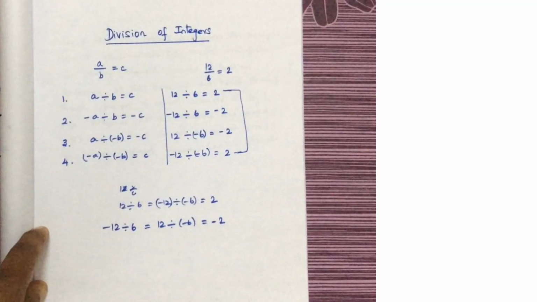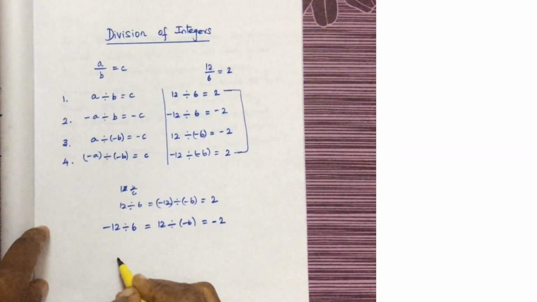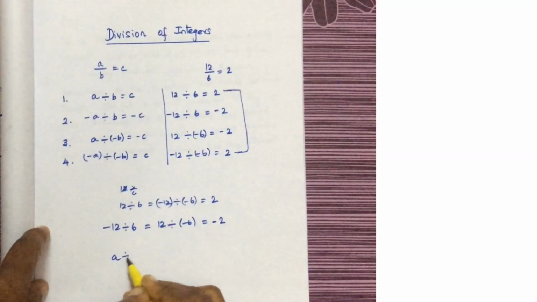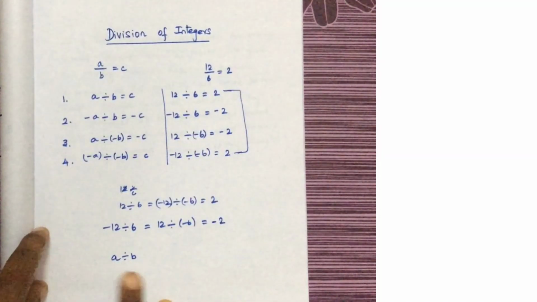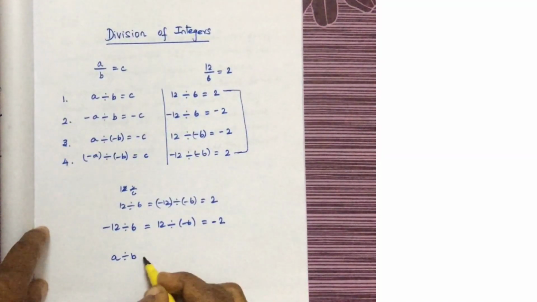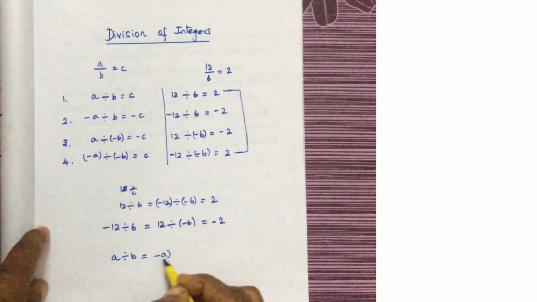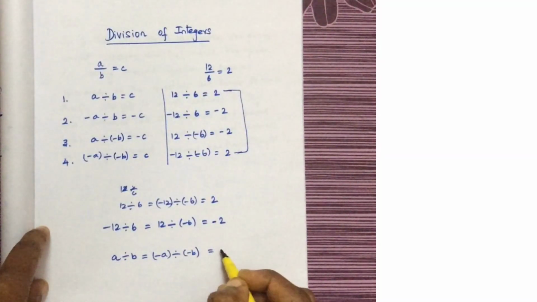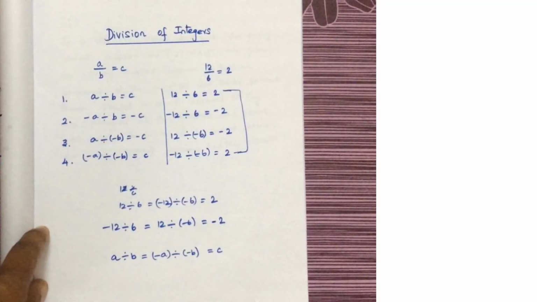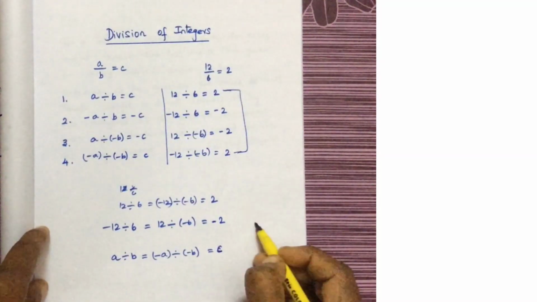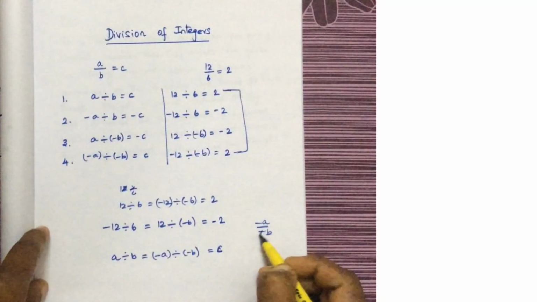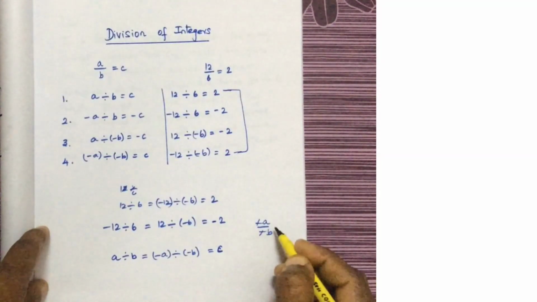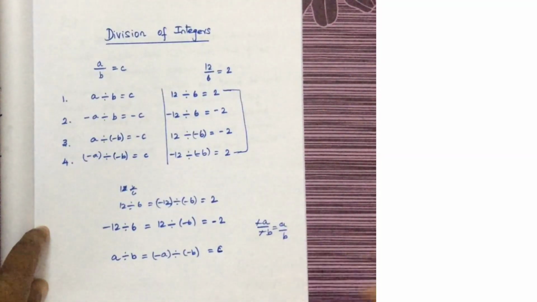So in general, a divided by b, which is the both positive case, is equal to the both negative case, minus a divided by minus b, that is equal to c. The answer is positive. In minus a divided by minus b, this minus and this minus will cancel, which is the same as a divided by b.